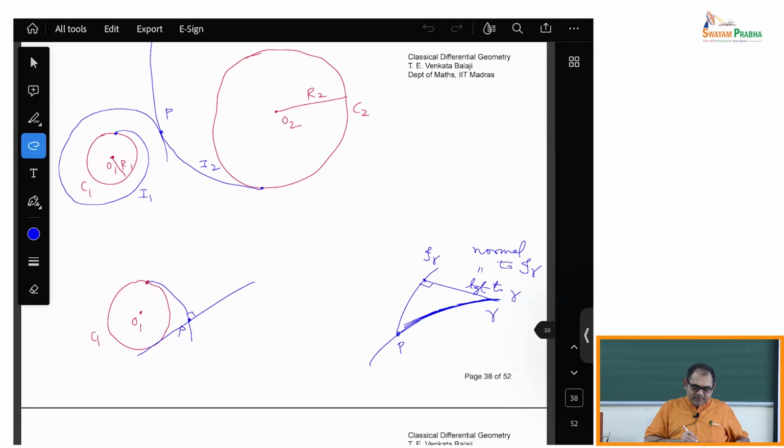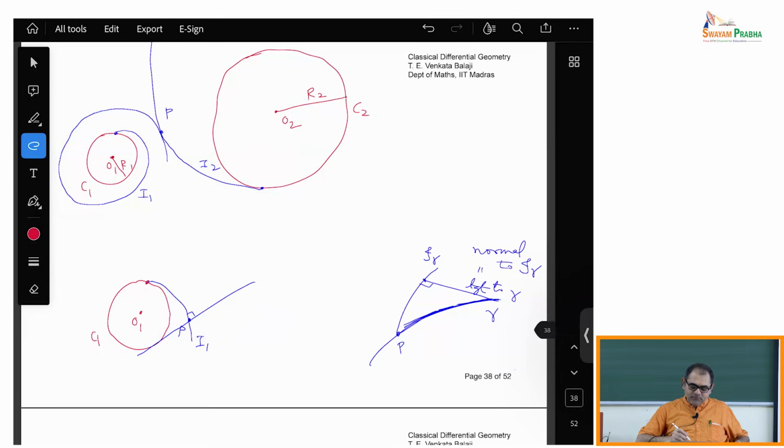Now just imagine, this is a point on the involute, and this is the involute I1 for the circle C1, and there is a point on it, and the normal at that point is actually tangent to the first circle. Now you see the same argument applies to any involute of any circle.